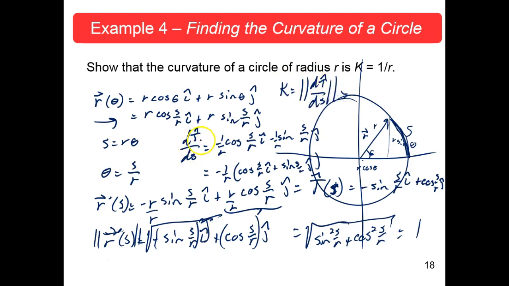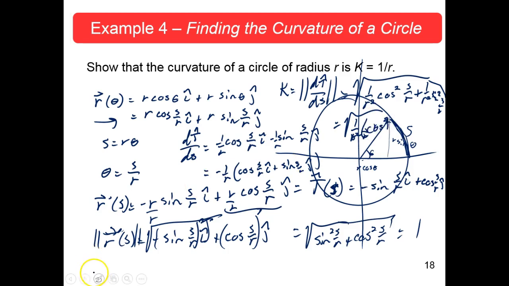So if we do the magnitude of that, that's the square root of 1 over r squared cosine squared s over r plus 1 over r squared sine squared s over r, okay? And again, factor out the square root of 1 over r squared, and you have cosine squared.